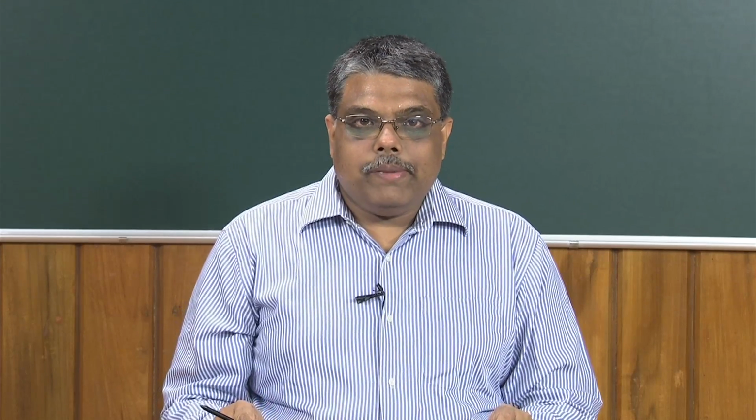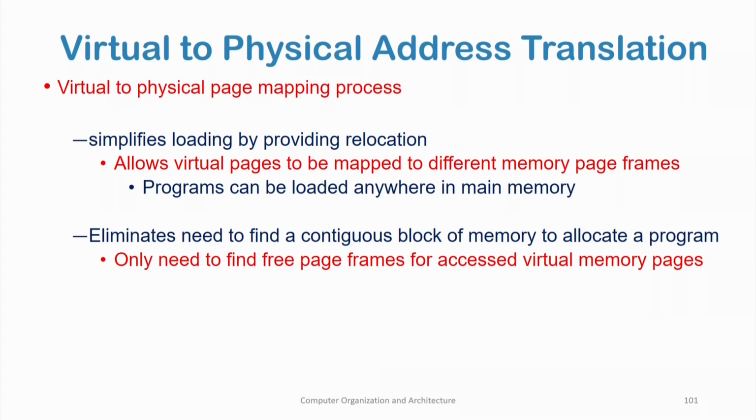Virtual to physical page mapping simplifies loading by providing relocation. As we have seen in a virtually managed memory system, the location in the virtual memory is with respect to the start of the virtual page location.